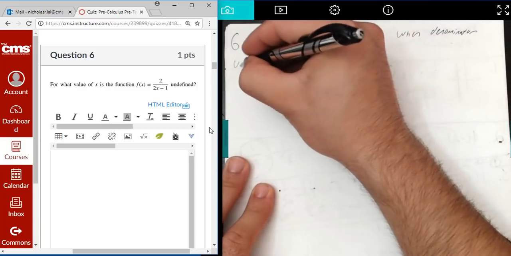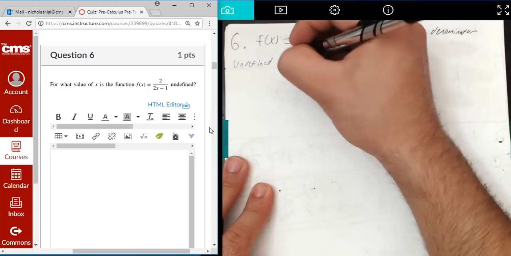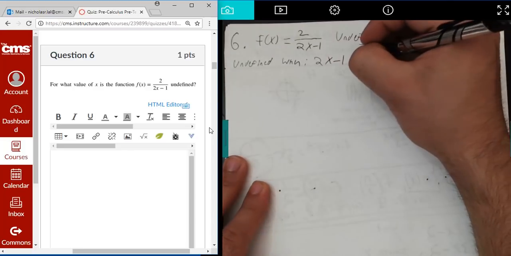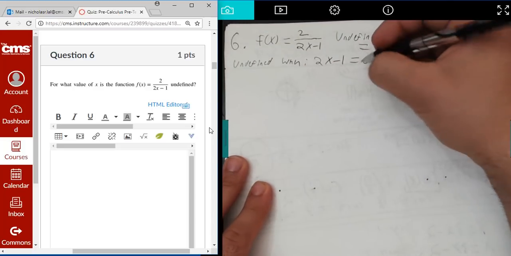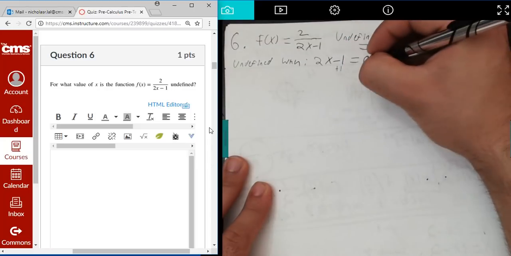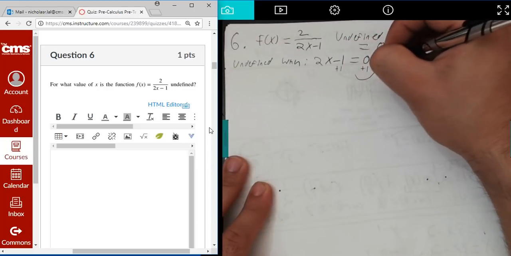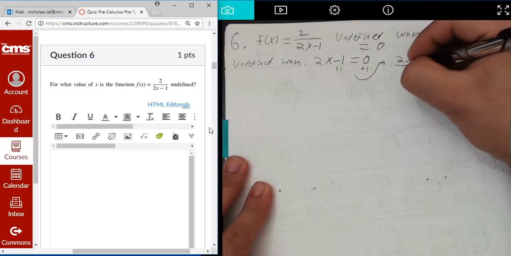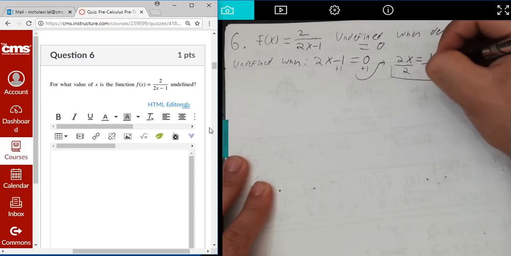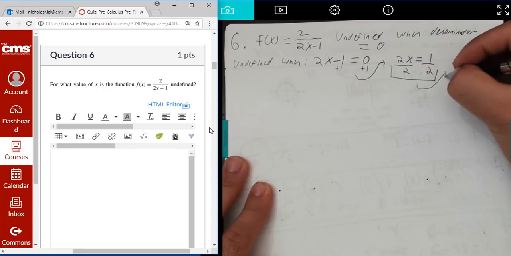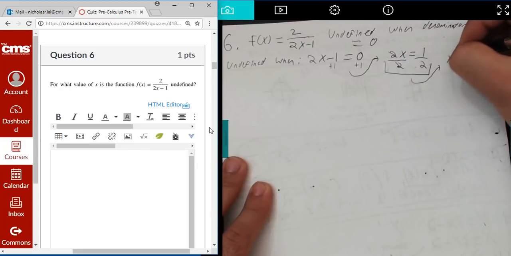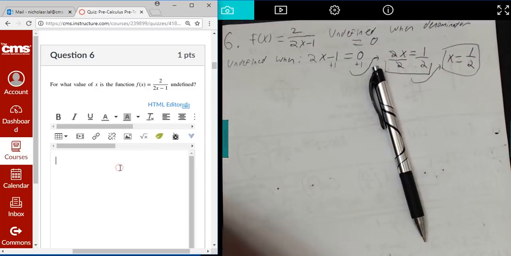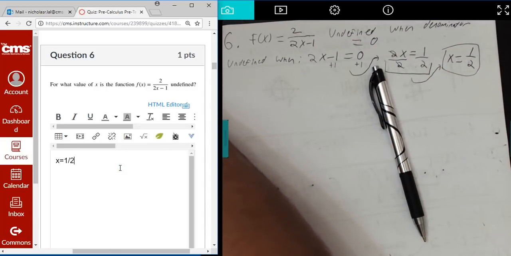So it's undefined when 2x minus 1 equals 0. So what we do is we add 1 to both sides. So we have 2x is equal to 1, and you divide each side by 2. After dividing each side by 2, the 2's cancel out, and x is equal to 1/2. So we just say x equals 1/2.